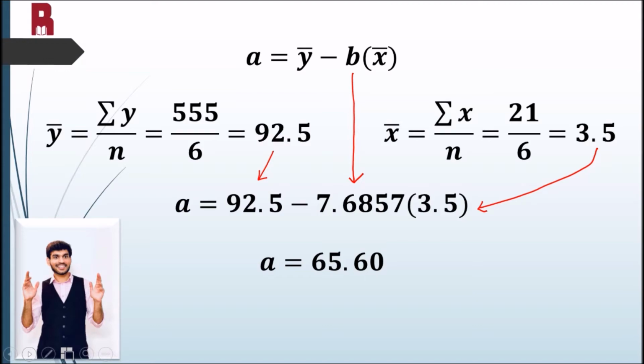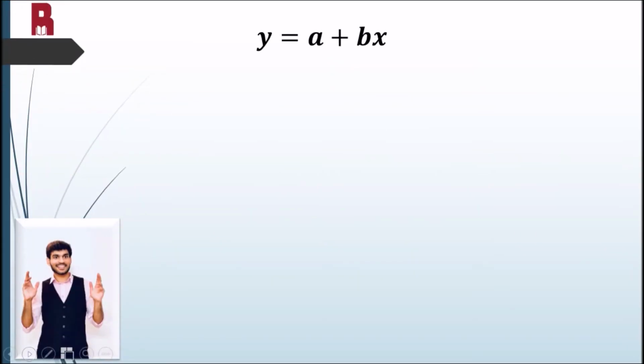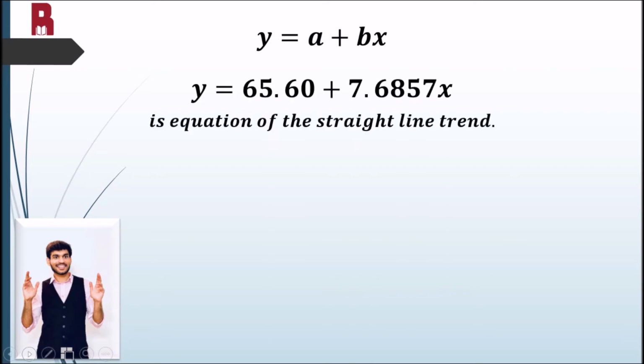Now we have both A and B. We can calculate the regression trend line, which is y is equal to A plus bx. Substituting the values of A and B, we will get y is equal to 65.60 plus 7.6857x, which is nothing but the equation of the straight line trend.